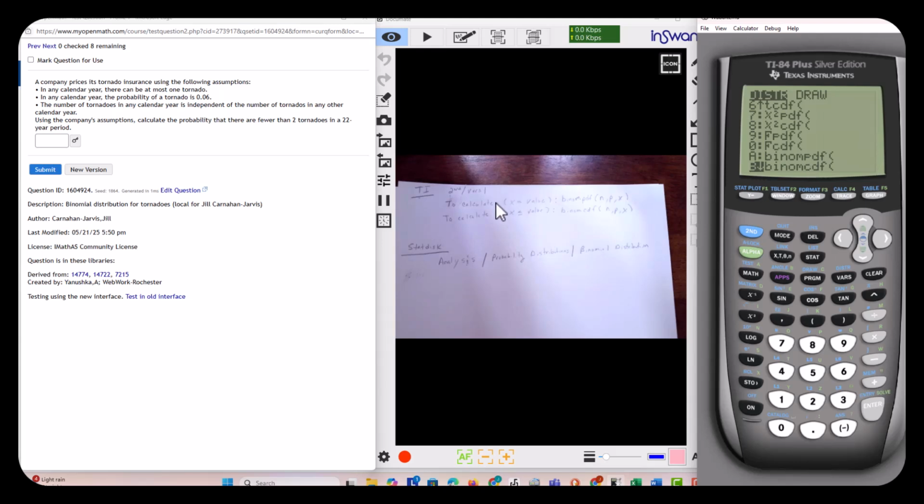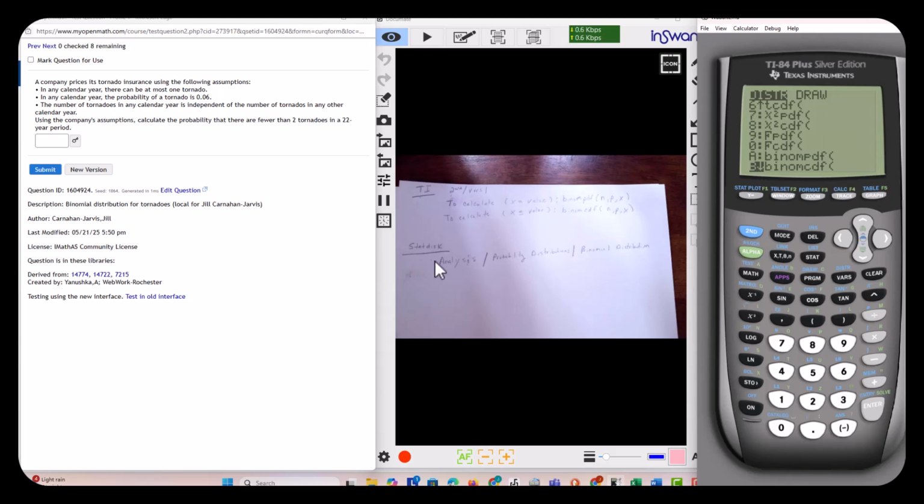If it asks you to calculate an x equal value, you're going to use the binomial PDF with N, P, X. If you're going to calculate the probability that x is less than or equal to a value, then you're going to use the binomial CDF with N, P, X. I'll show it both ways.